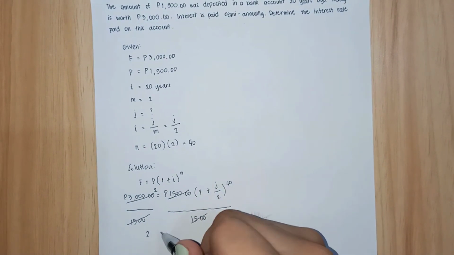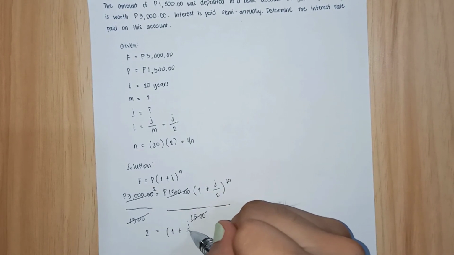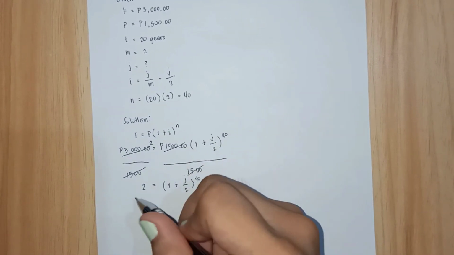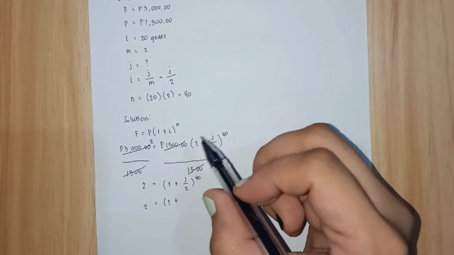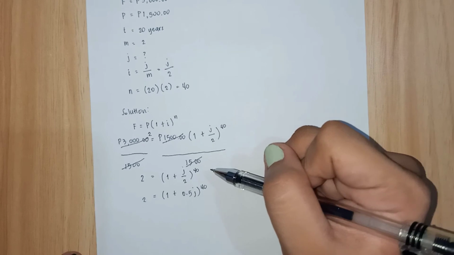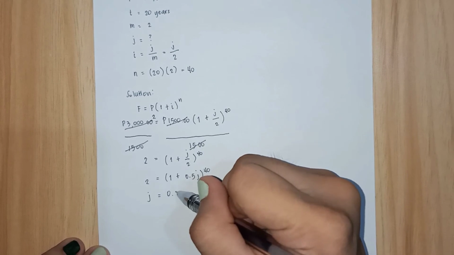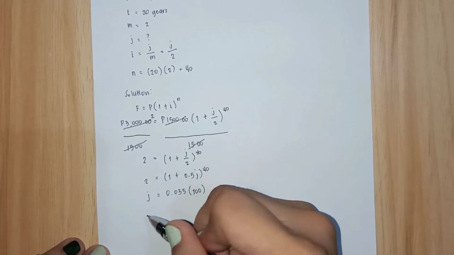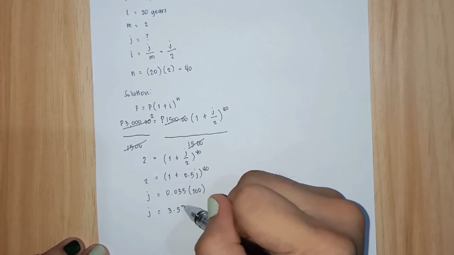Ito magiging 2 is equal to 1 plus J over 2 raised to 40. 2 is equal to 1 plus 0.5 J raised to 40. Kaya ang J natin ay magiging 0.035 times 100. J natin ngayon ay 3.5%.